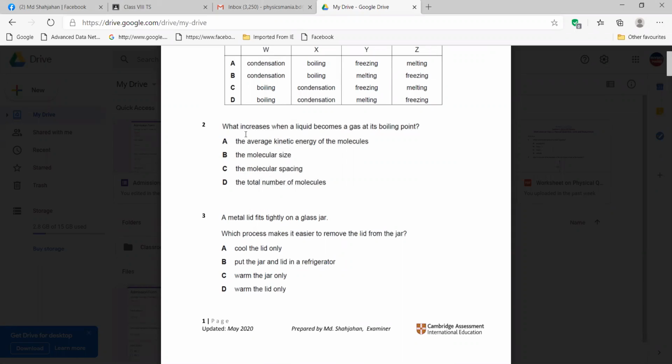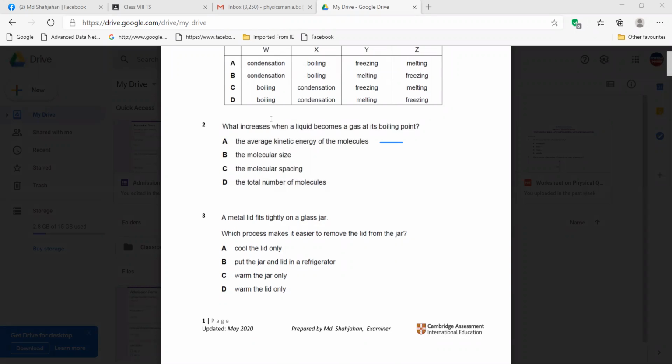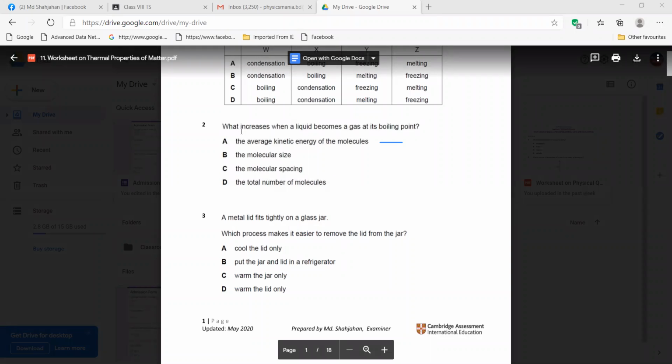Now here we are saying what increases when a liquid becomes a gas at its boiling point. The first option says the average kinetic energy of the molecules increases, right? Kinetic energy is related to speed, right, Farabi?